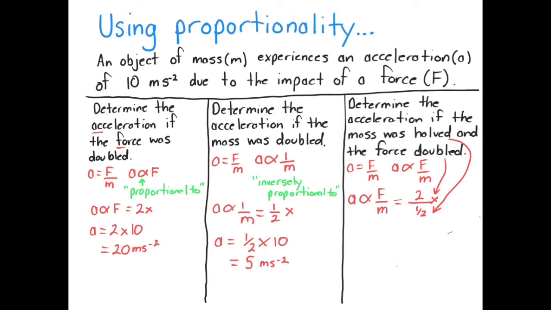So the acceleration will be equal to 2 divided by a half, and if you know how to divide by fractions, you times by the reciprocal, you will see that we get 2 times 2 is equal to 4, so we get 4 times the original acceleration. So the acceleration would now be 40 meters per second squared.